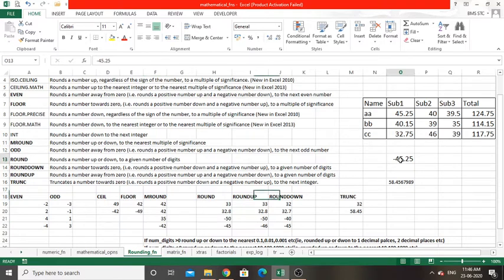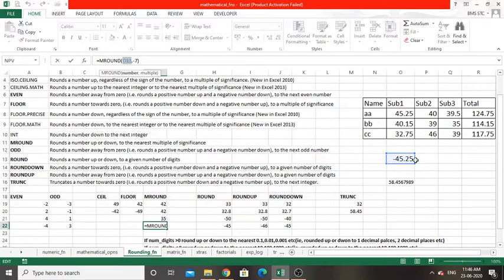What about the next one, where we passed the number as negative 45.25? It will consider the nearest multiple, which is minus 42.